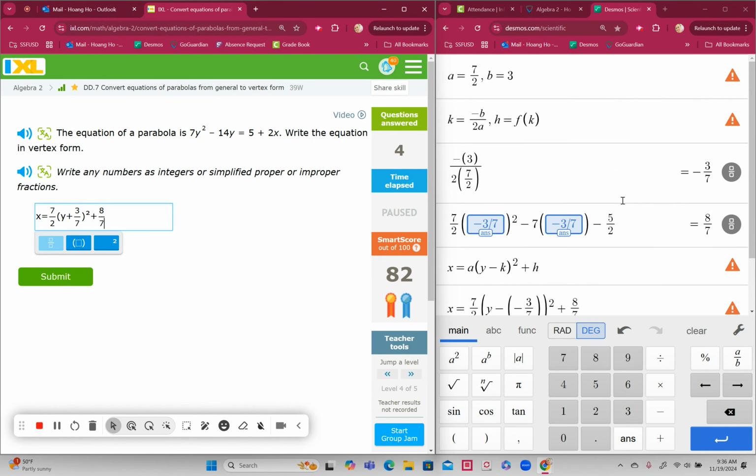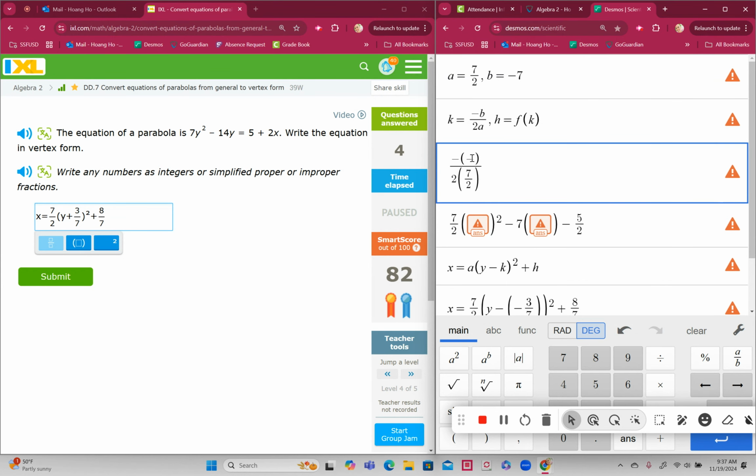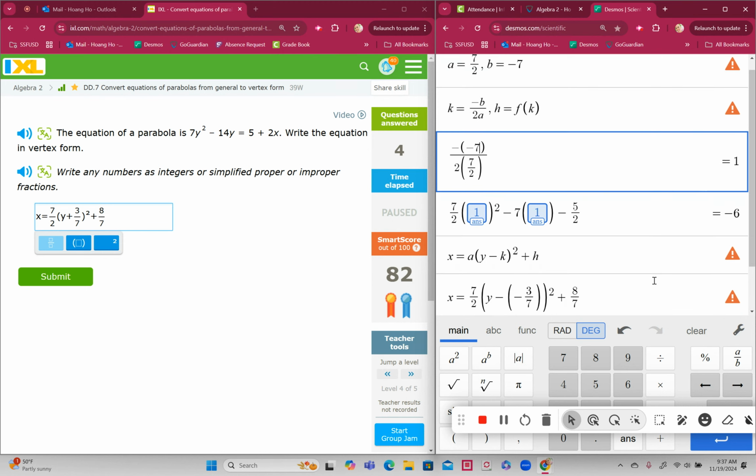Let me double check everything over here. I got 7 over 2 for the a. b is not number 3, b is negative 7. So everything changed. Let me go and change it. Here's my number.